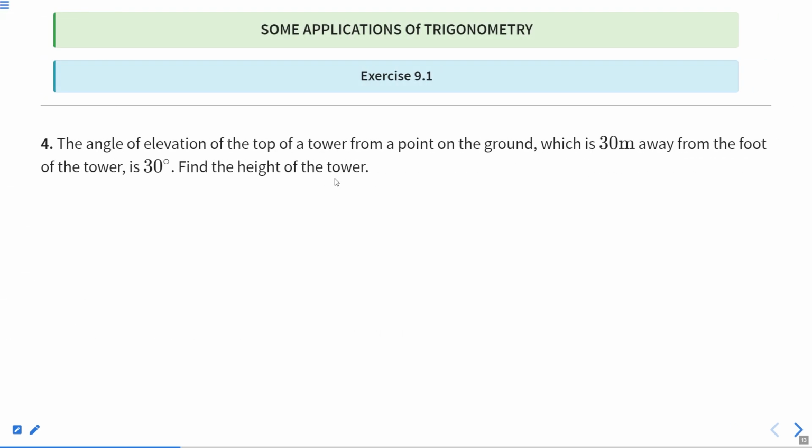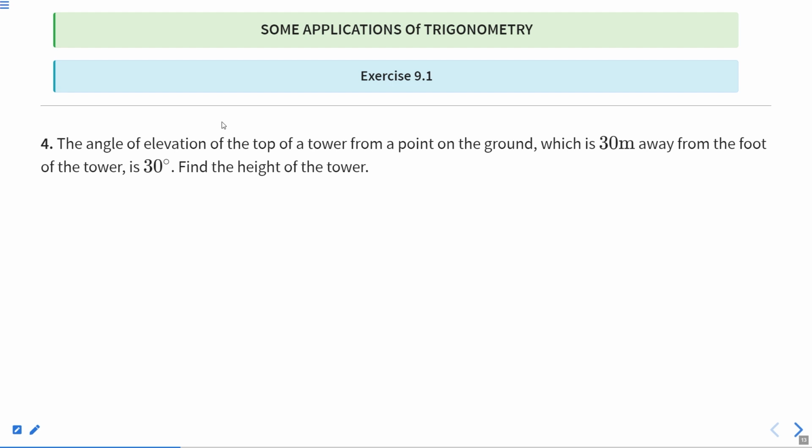So in next question, here we have the angle of elevation of the top of a tower from a point on the ground which is 30 meter away from the foot of the tower is 30 degree, and here we have to find the height of the tower. Okay, so basically here we have given the distance between a point on the ground and foot of the tower, that is equal to 30 meter.